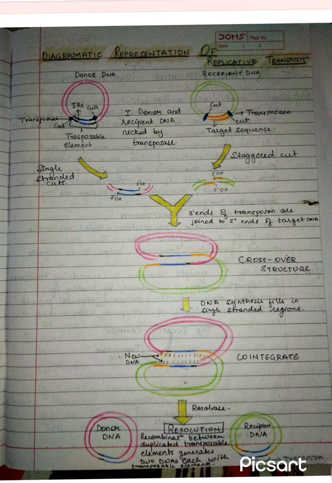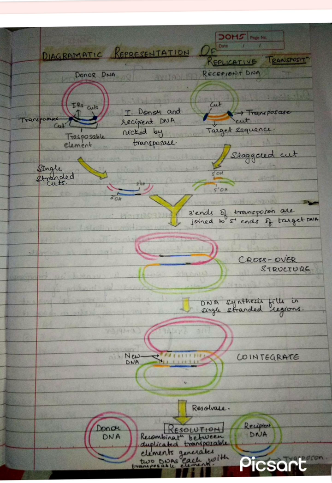Then the nick will be created at the 3' end of the DNA element. Transposable element is obviously a double stranded DNA element, so it will have 3' OH and 5' phosphate ends. So it will create a nick at the 3' OH.